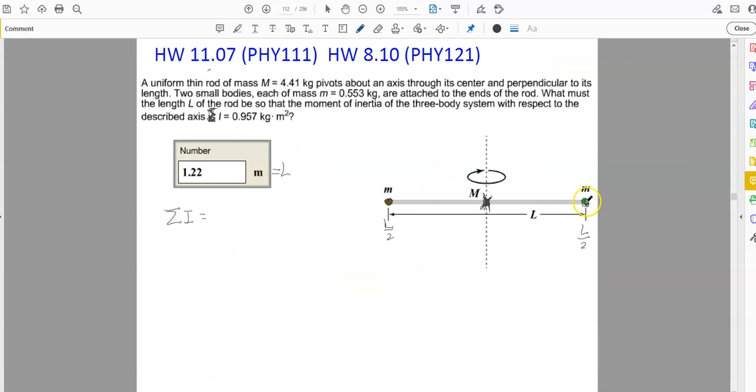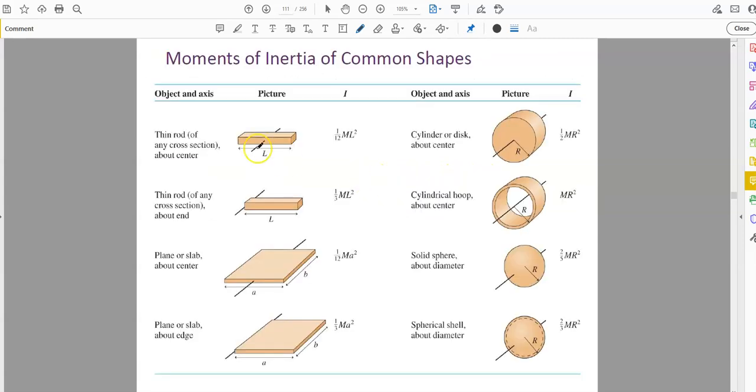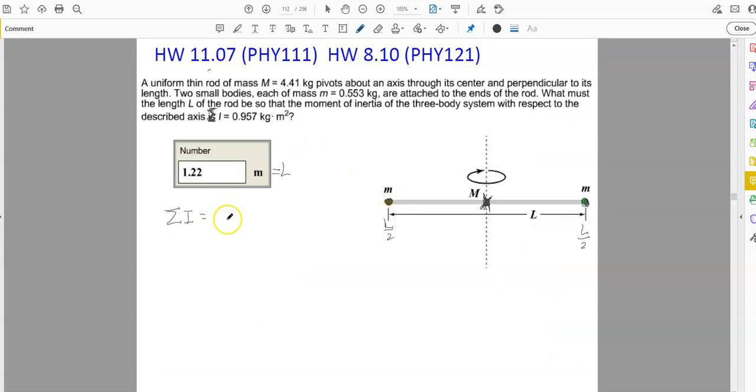We have another point mass a distance away, and that is another mr squared. And we also have a rod spinning through its center, which is 1/12 ML squared. So we're going to total the rod's moment of inertia plus one of the small masses' moment of inertia plus the other small mass's moment of inertia.